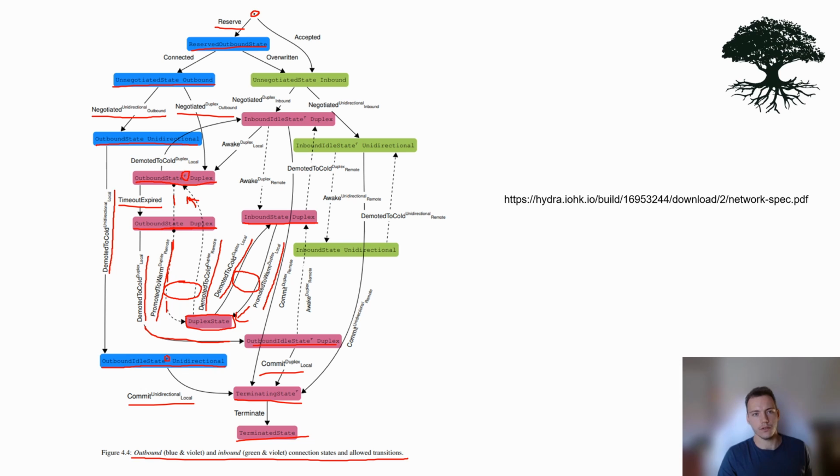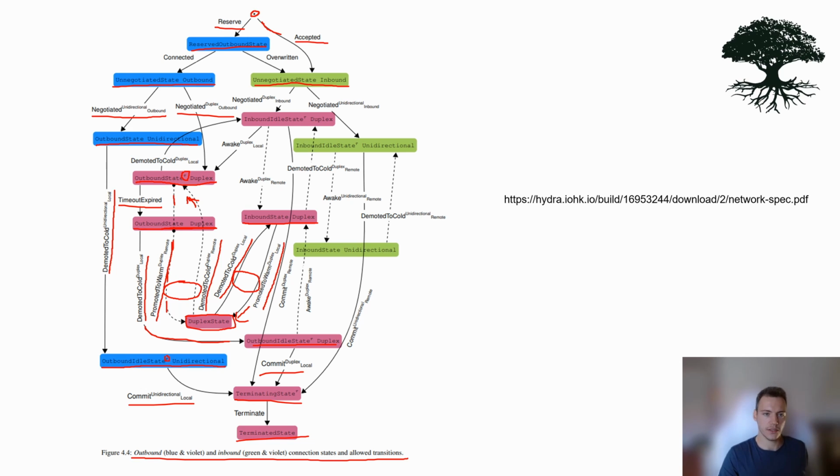And then we also have the inbound connections. So in this case, we don't reserve the connection, we just accept it as it comes along. And we entered again the unnegotiated state of inbound. So in this case, inbound connection.